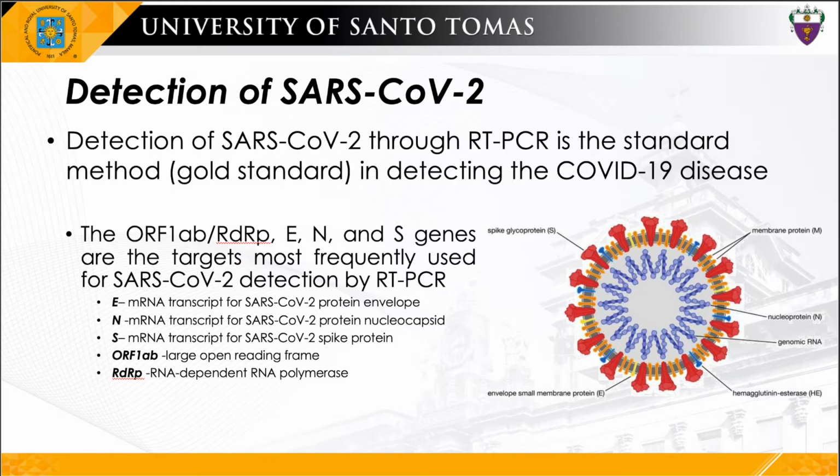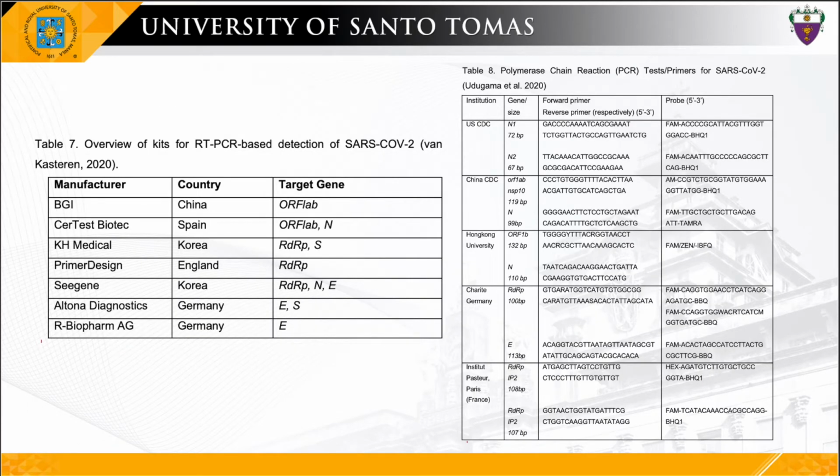So right now, the gold standard for this is RT-PCR, and again, it detects parts, specifically the genes I've mentioned, the E, N, S, and ORF1ab. Okay, so in the next slide, I'll show you the current accepted RT-PCR based detection kits, the available ones, from China, Spain, Korea, England, and Germany.